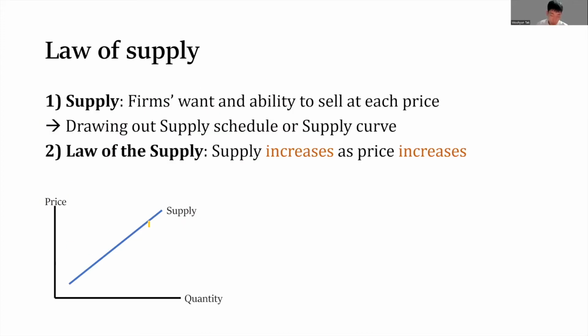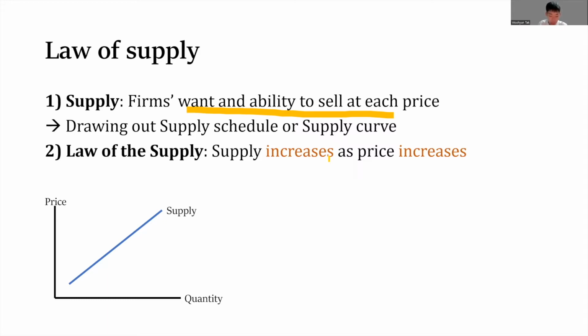And now we will move on to the law of supply. Supply means the firm's desire to sell at a certain price, like the demand. Imagine you are the CEO of a firm producing chicken. You may sell a delicious chicken at $50, $20, or even $30.